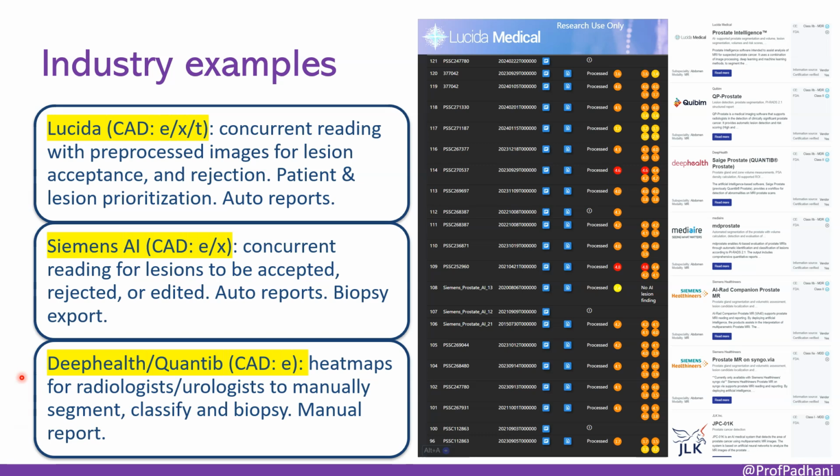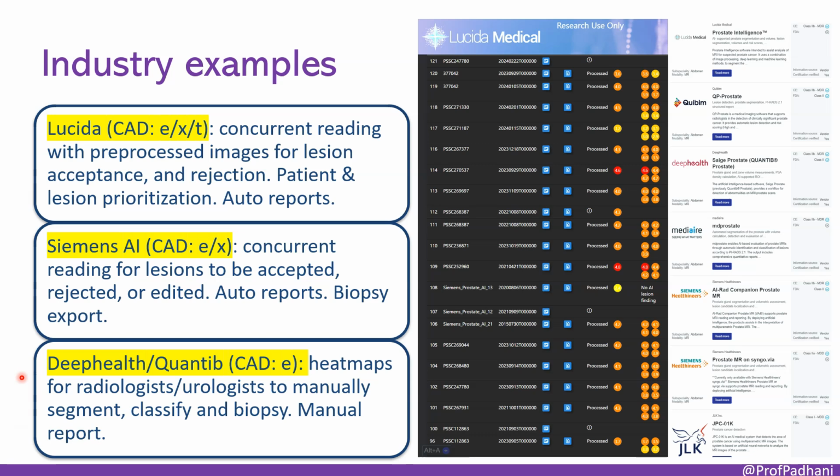Right. Whereas Deep Health and Quantib, categorized as CADe, detection only, primarily provide those heat maps we saw. They highlight suspicious areas. But leave the segmentation, the classification, assigning PAARS, and the biopsy planning more squarely in the hands of the radiologist or urologist. Exactly. More manual interpretation based on the AI's guidance map.